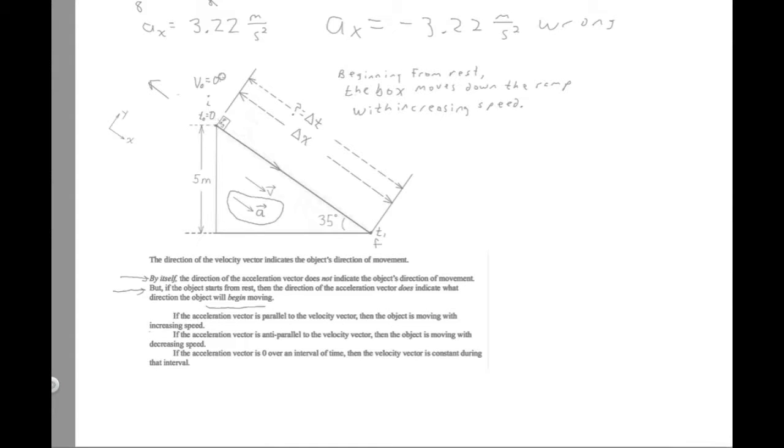Well, if this object had started with a velocity of 0 at rest, and then it had a negative acceleration, that negative acceleration would have pulled the velocity in this direction and started the object sliding up the plane, which obviously is not consistent with the information in the problem. So it definitely would not have made sense for a sub x to come out to be negative or 0 on this problem. So a positive acceleration makes good sense.